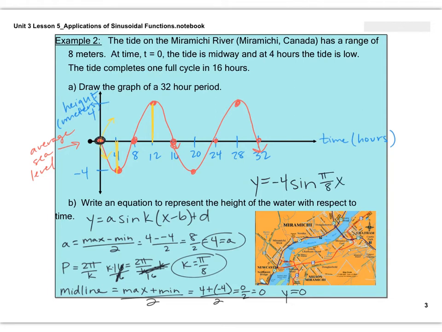And then minus b, which we don't have a phase shift, and then plus d, which is 0. So I'm just going to put the parentheses around the pi over 8 x. Generally, that's what you do if there's nothing behind the x. And there it is. Fancy equation for the tides on the Miramichi River in Canada. Crazy how that can be represented with a sine function.